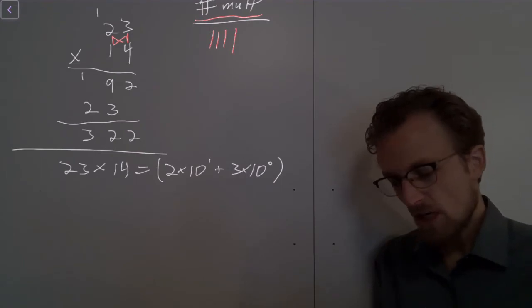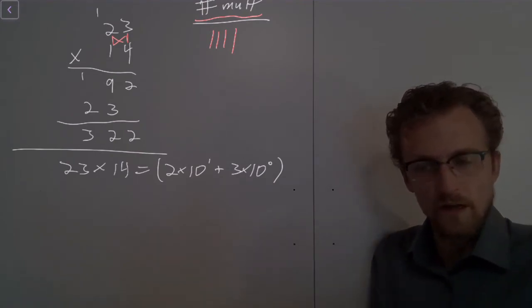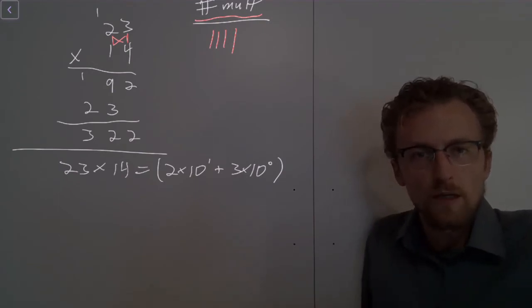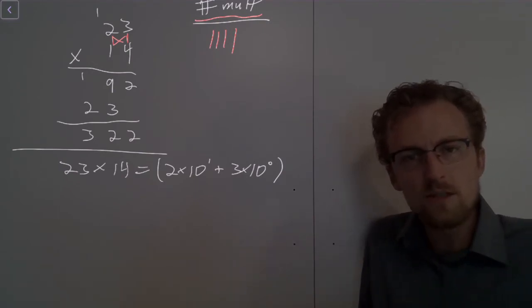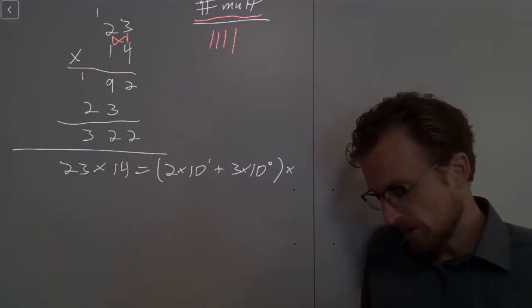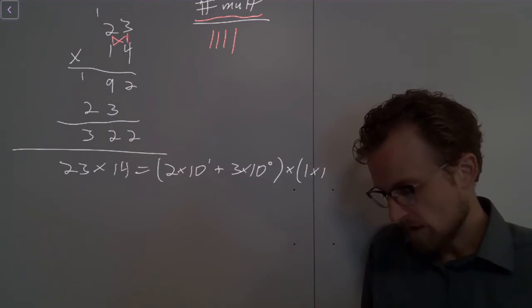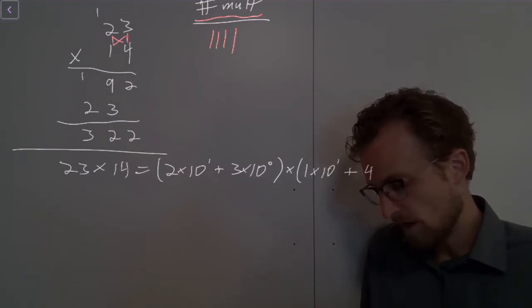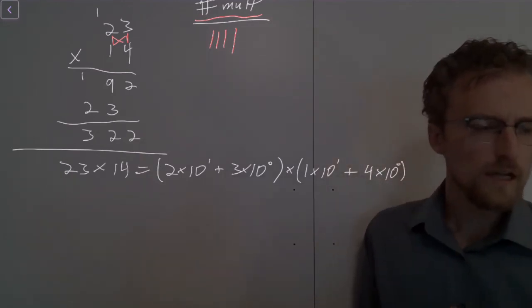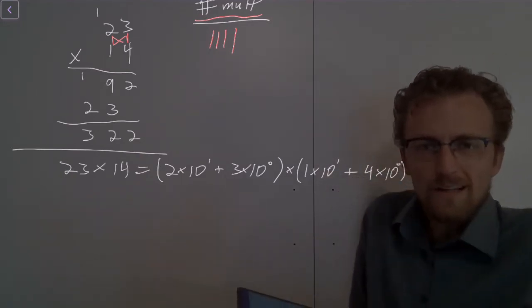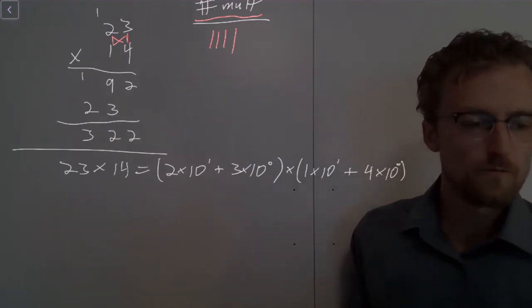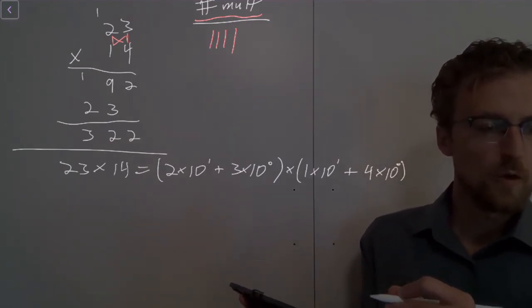So this is the number 23 that I've just written out. That's just the definition of 23. Right? This is just what it means to write something down in decimal. Okay, so I want to take that thing and multiply it by 1 times 10 to the 1 plus 4 times 10 to the 0. Okay, so this is just sort of writing down stuff we already know, right? This is just writing down a whole bunch of kind of annoying stuff.